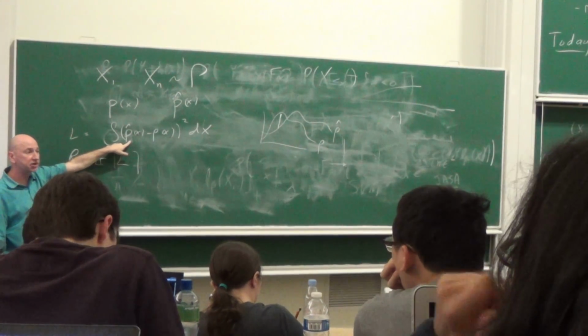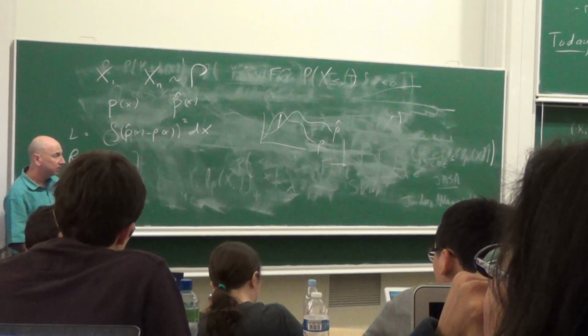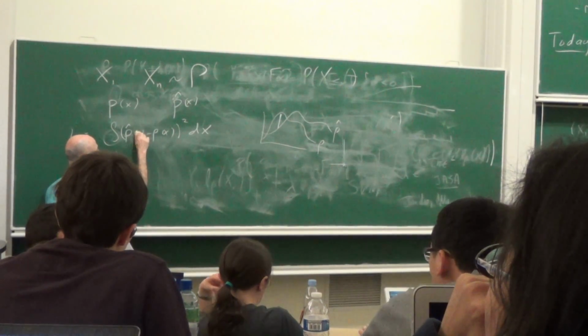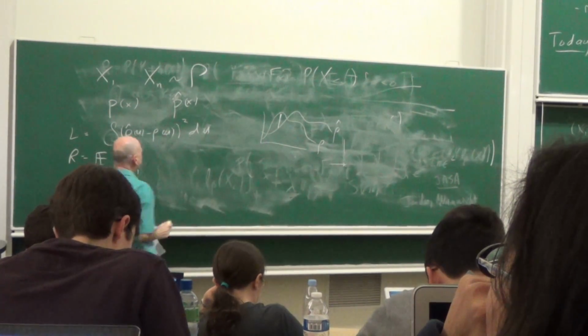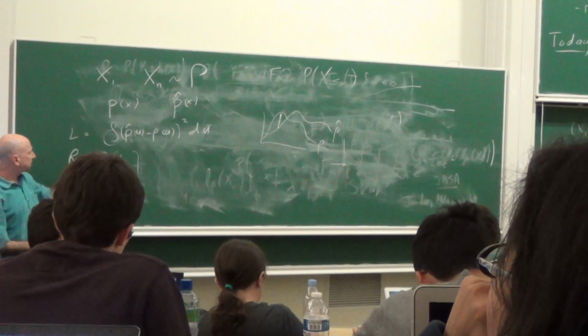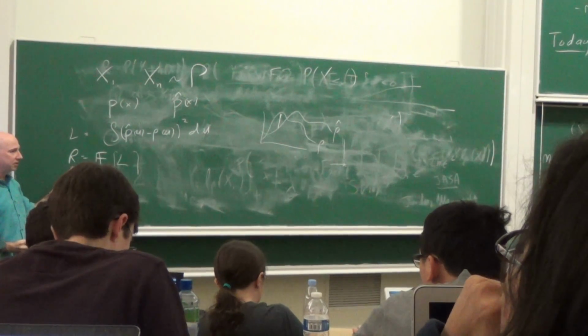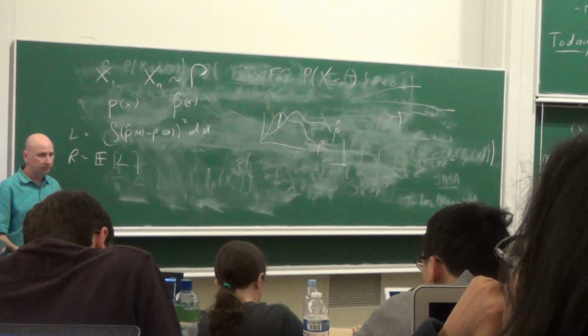It's a random function. Little x is not random. This is a dummy variable. So this is a random quantity. I take the expected value, and it's not random anymore. That's what I want to make small.